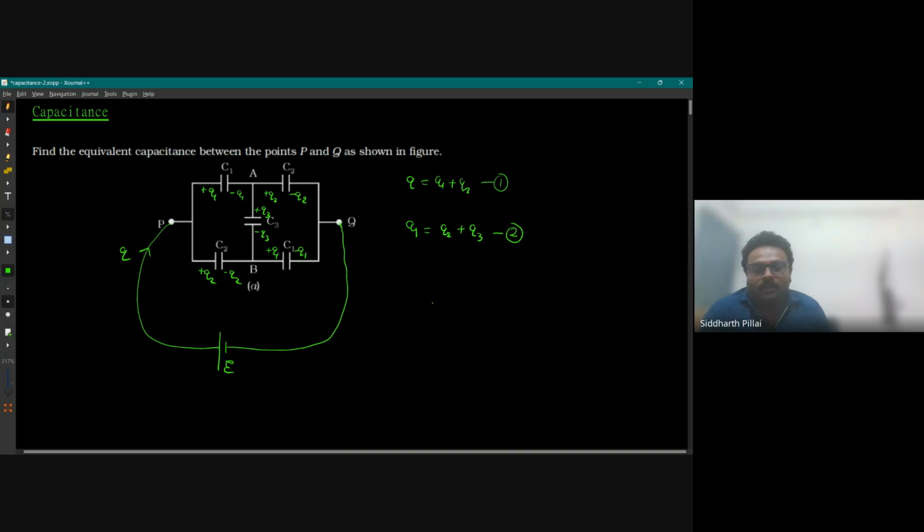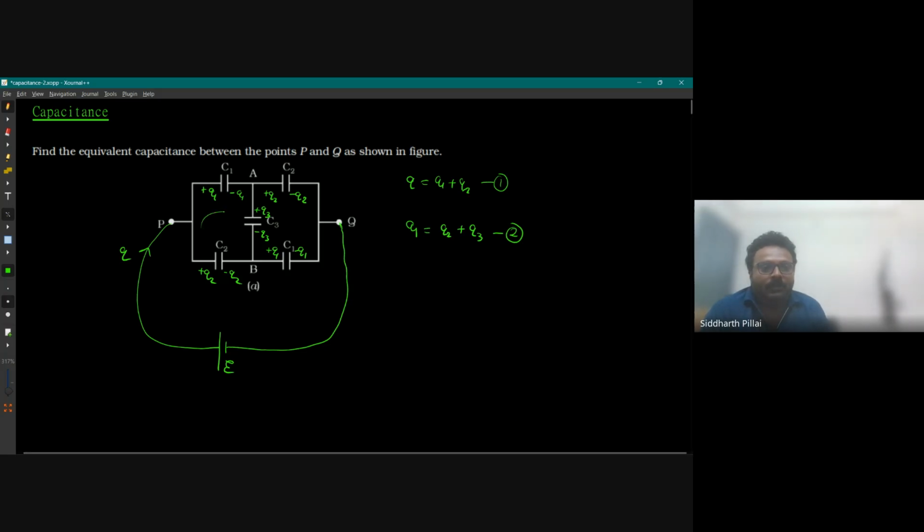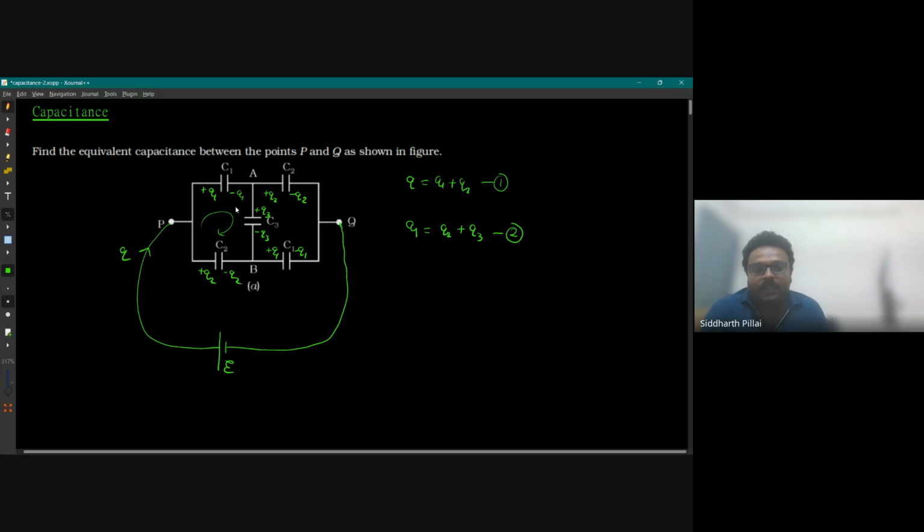Now write down the loop law. You can use either this loop or this loop; both will give identical results. So use any one of these loops. Let's call it loop 1. In loop 1, I apply Kirchhoff's loop law. I'll start from point P and go around clockwise and come back to that point. The first term: we're going from plus to minus, so it will be minus Q1 by C1.